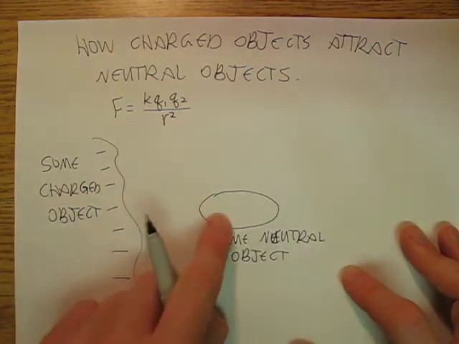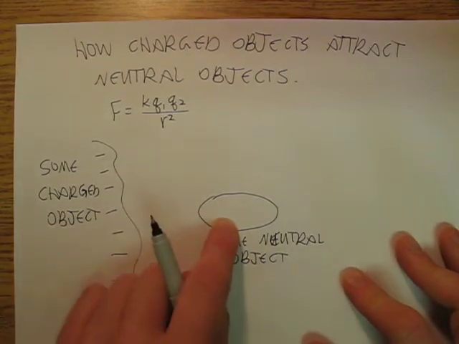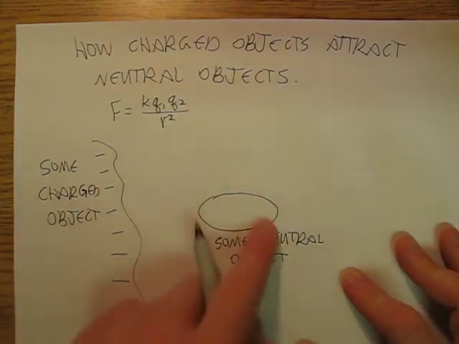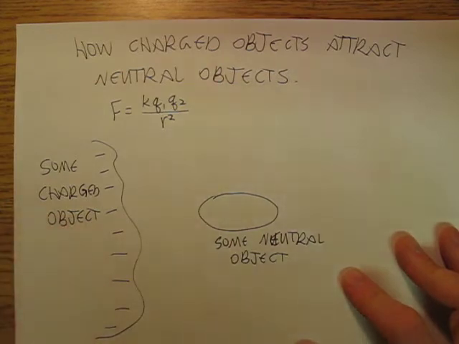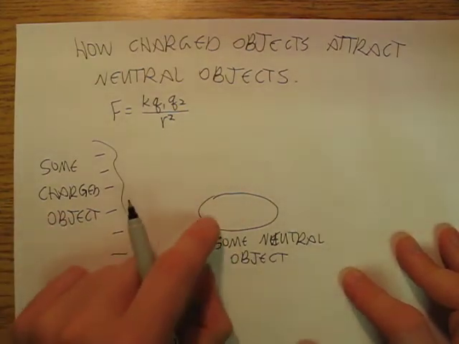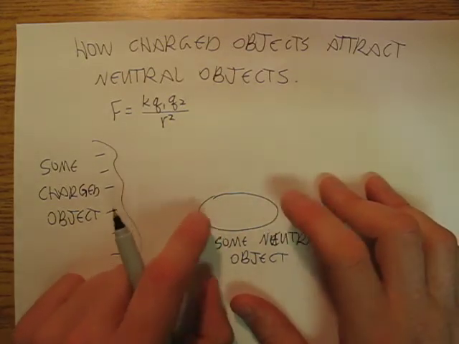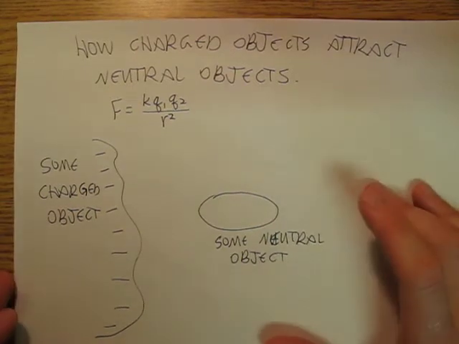Well, the neutral object has the exact same number of positive charges and negative charges, so you would think that it shouldn't be attracted at all. But everything is made out of electrons and protons, and electrons have charges and protons have charges, and things can move around a little bit.